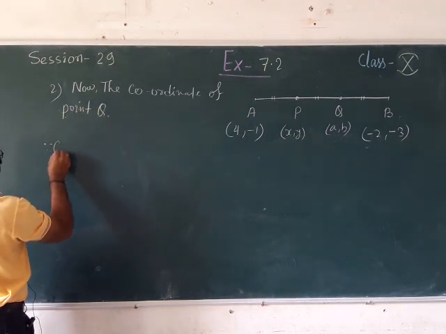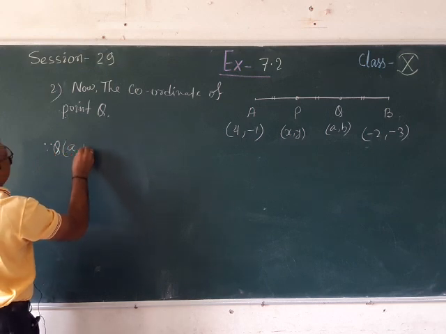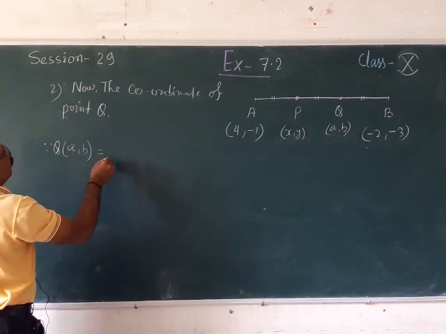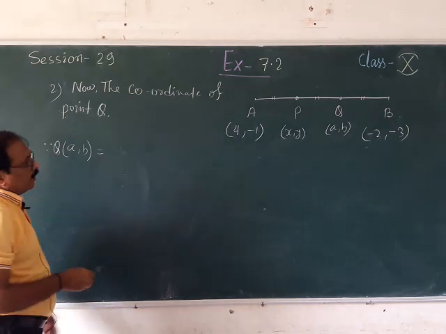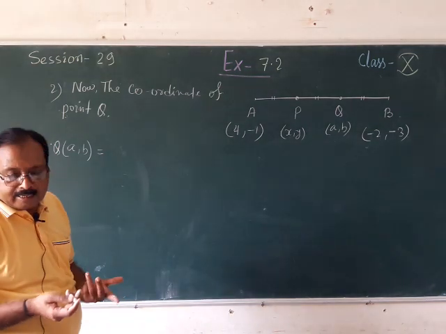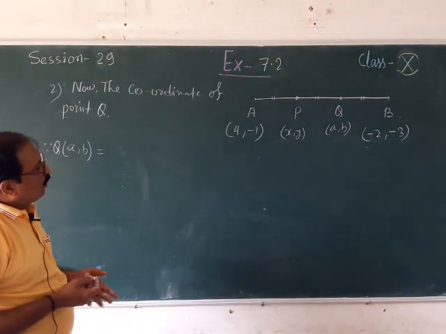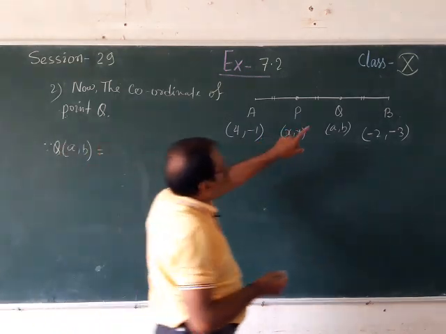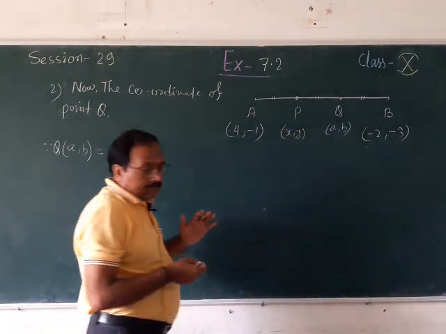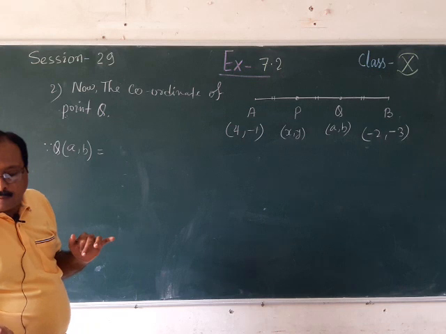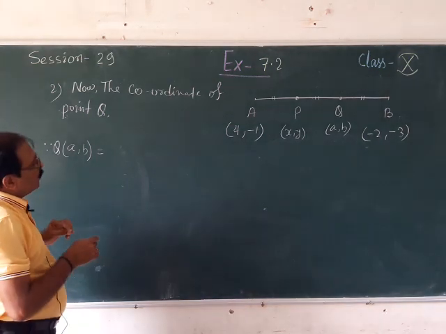Since Q(a, b) will be given by the formula, now you have understood the formula. First of all, I am going to write this is the point Q, and here I am going to apply the formula.